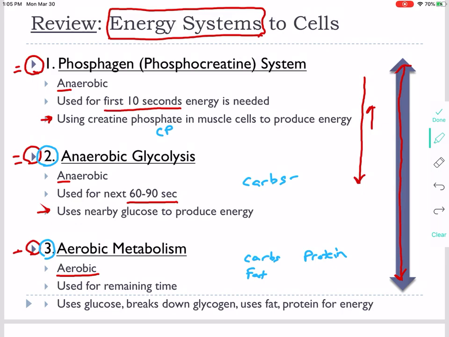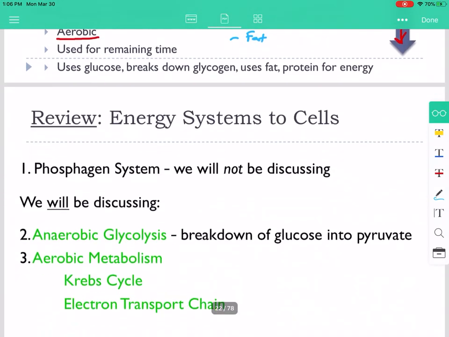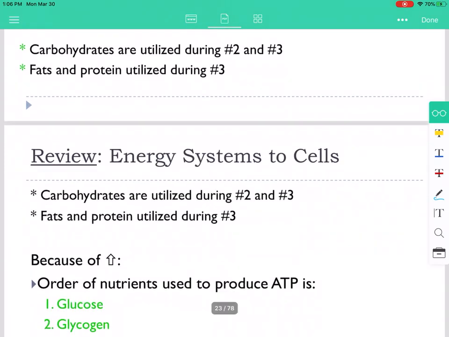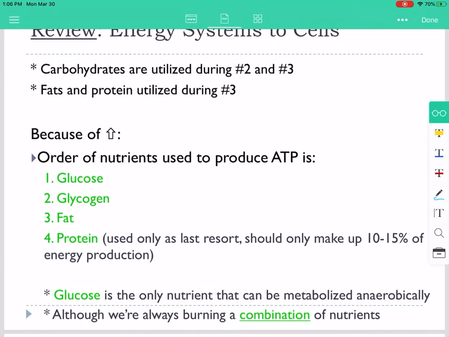This shouldn't be that alarming to you because we know that carbs are a quick energy source. So if I need quick energy, the only nutrient I'm going to be able to utilize is carbs. And as we get into that longer lasting energy, I'm going to be able to do fat or protein in addition. So that's what this next slide is saying.